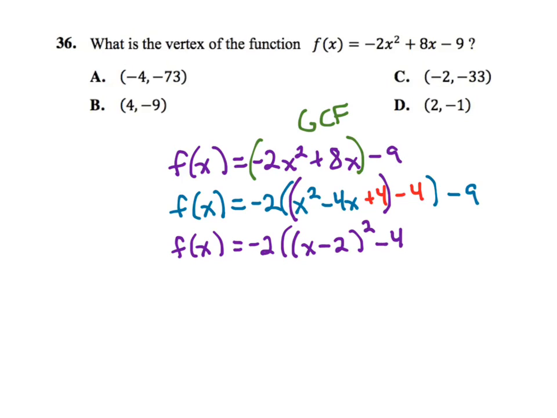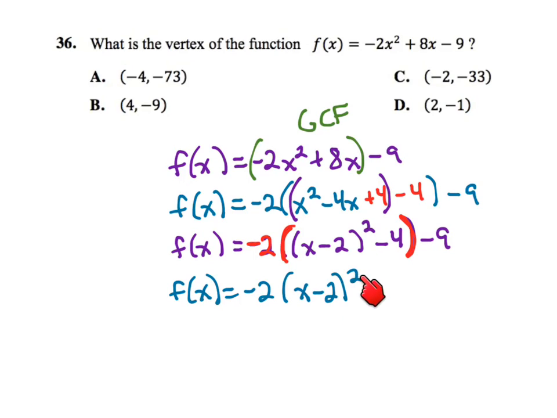But I still have my negative 4 inside the parentheses and my lonely little negative 9 out there. So now I need to multiply this negative 4 times this negative 2 before I can move it out of the parentheses. So let's do that. I'll have f of x equals negative 2 times x minus 2 squared, that part didn't change. But this negative 4 times negative 2 gives me a positive 8 minus 9.